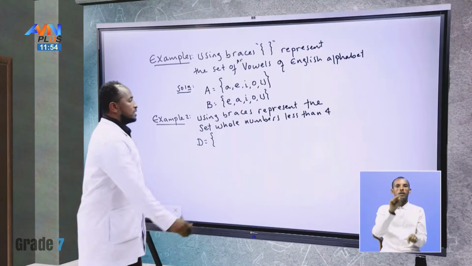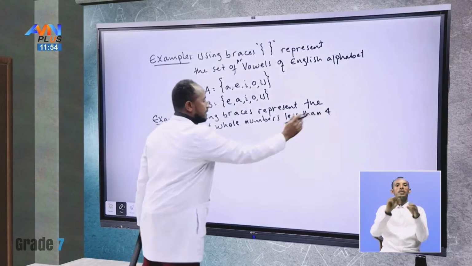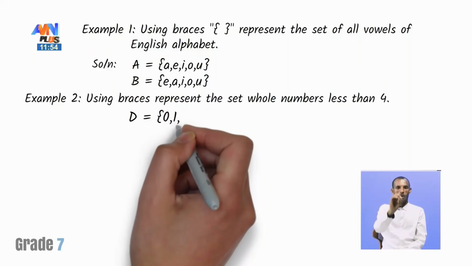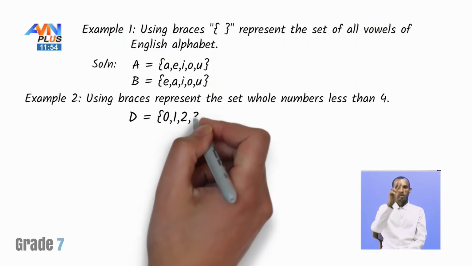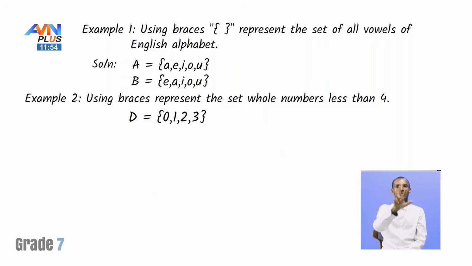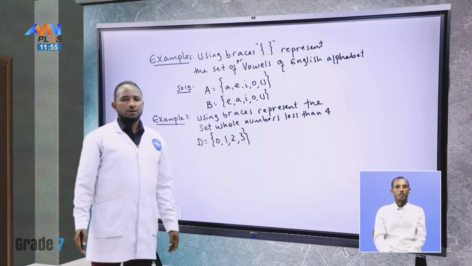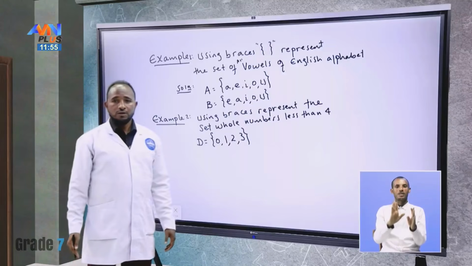So, the whole numbers less than 4 are 0, 1, 2, and 3. So, this one is the set. That's it. Now, let's proceed to the next part.